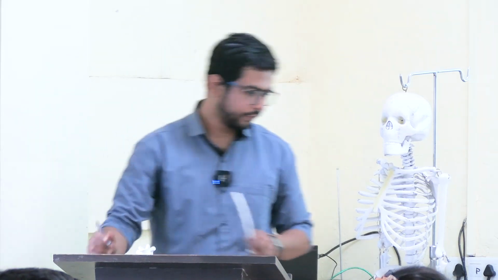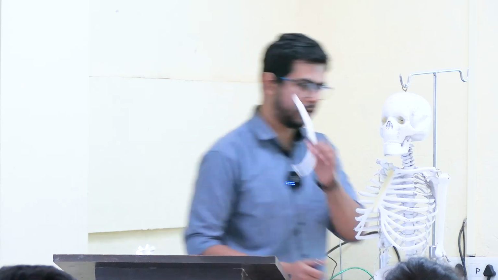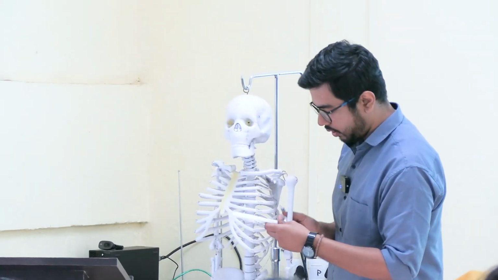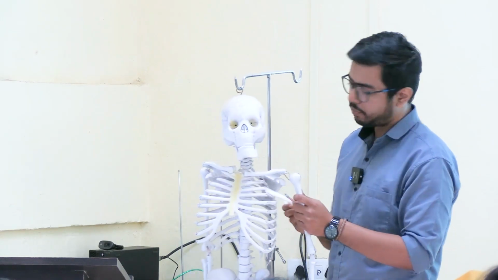Lower? Lower lip. Lower border. Don't get confused. This is a pretty easy thing. Again, suppose this is the rib. This is of the left side, by the way. This is the left-sided rib. Origin, starting from here. Hold this forward.